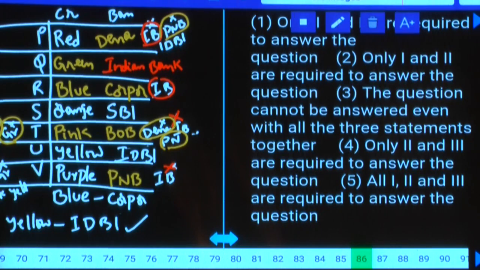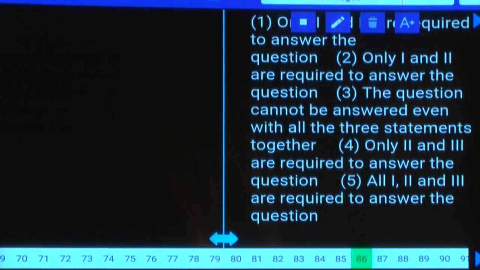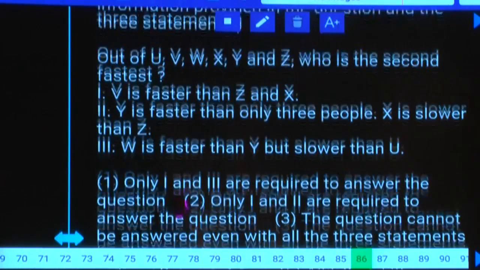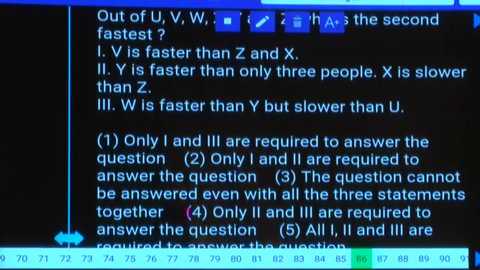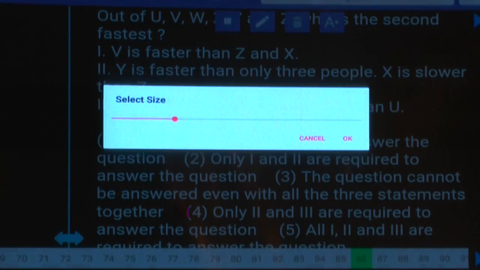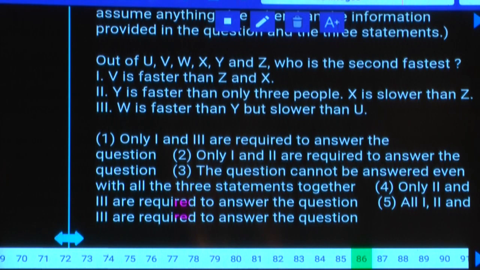Whenever the data sufficiency is based on 3 statements, then we have to go through the choices, isn't it? The priority in the choices must be first the individual statements, that means only 1, only 2, only 3. Afterwards combinations of 2 statements, 1 and 2, 1 and 3, 2 and 3, then all the 3 statements are required, and finally none of the statements is required.